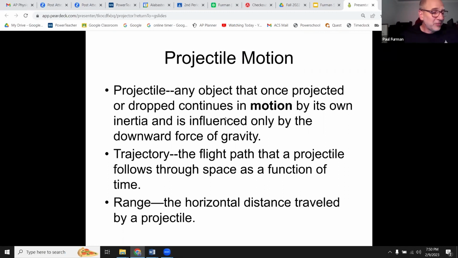So when I have my students working projectile motion problems, I have them create two different tables or lists, one for the vertical motion, one for the horizontal. Vertically, you've got your 5 kinematic variables: initial velocity, final velocity, acceleration, delta x, and time. Horizontally, you've got delta x, your velocity, and time, because horizontally there is no acceleration. So horizontally it becomes very, very straightforward.